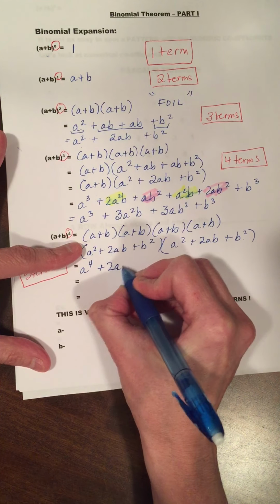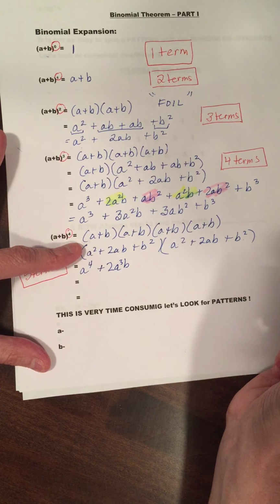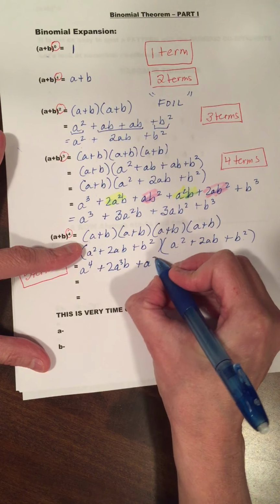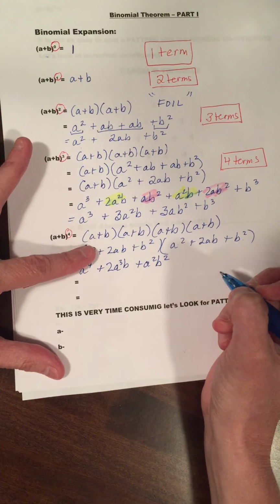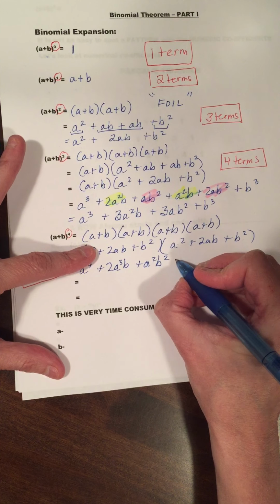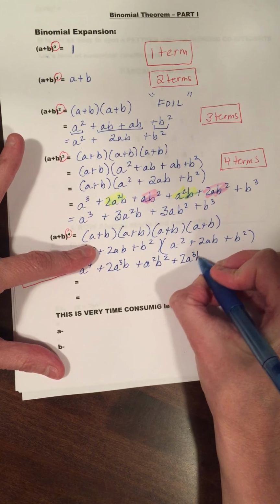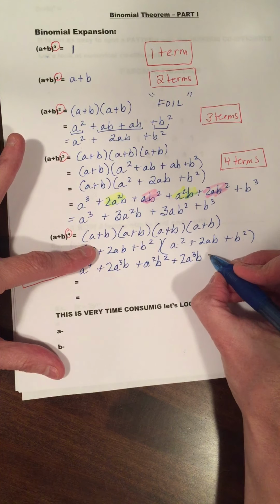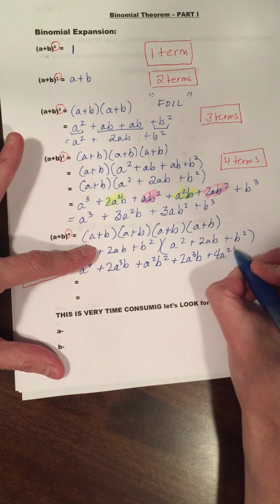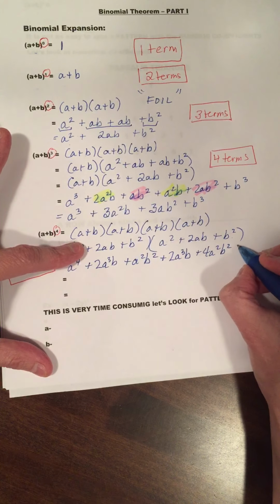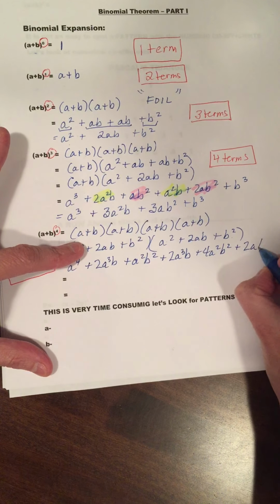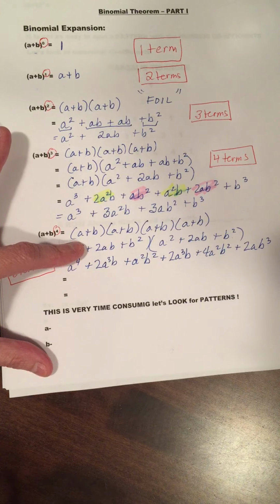A squared times 2AB. A squared times B squared. 2AB times A squared. 2AB times 2AB. 2AB times B squared.